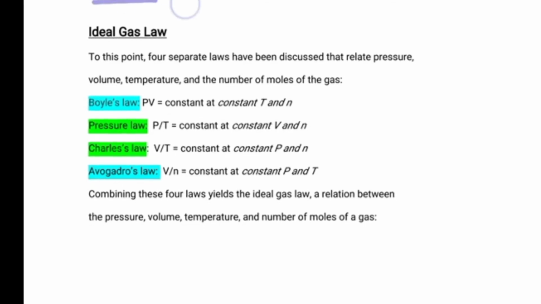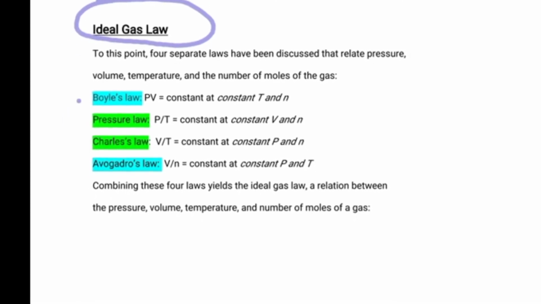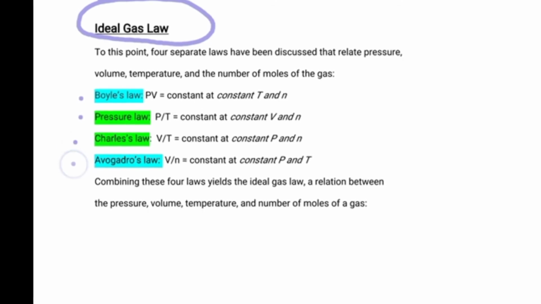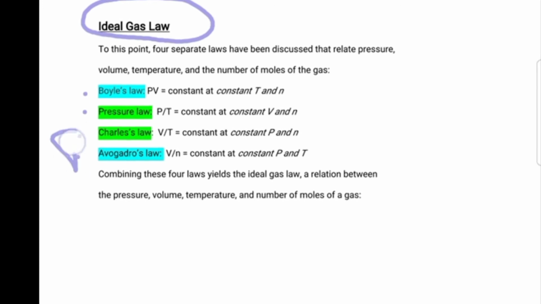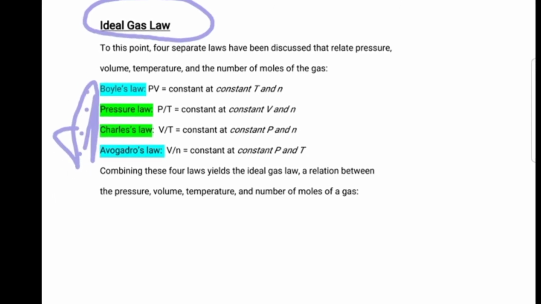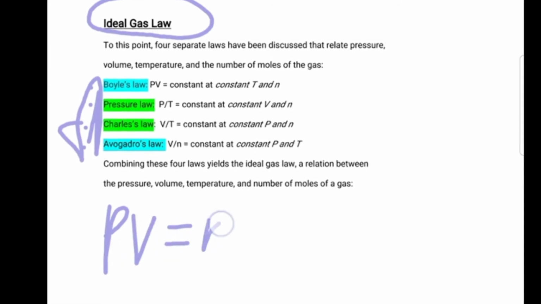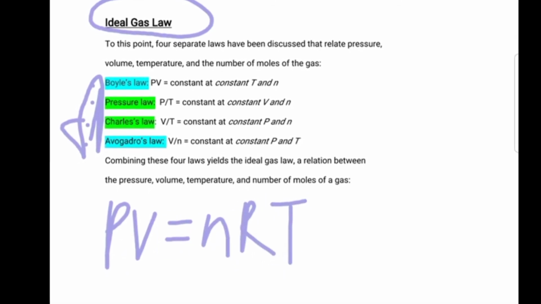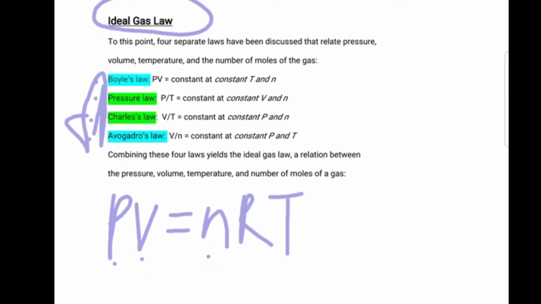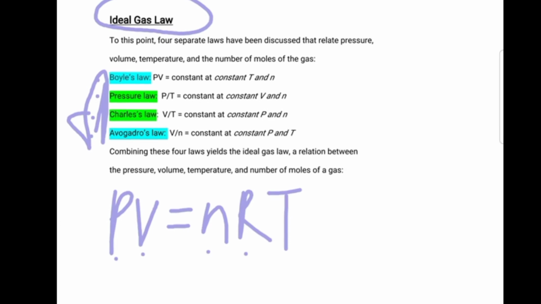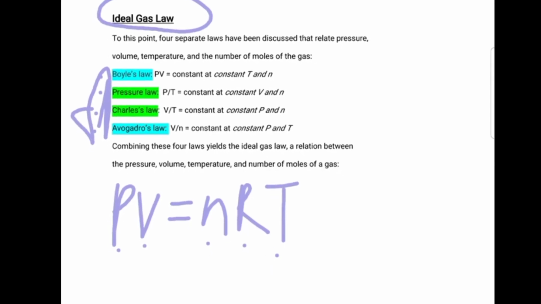Then let's move on to the ideal gas law. We have discussed Boyle's law, pressure law, Charles' law, and Avogadro's law. What if we combine all of these? We get PV equals nRT. P is pressure, V is volume, n is number of moles, R is the constant, and T is temperature.